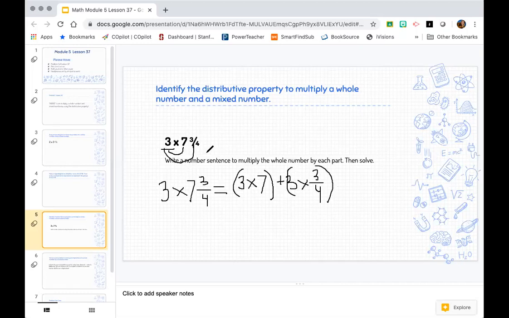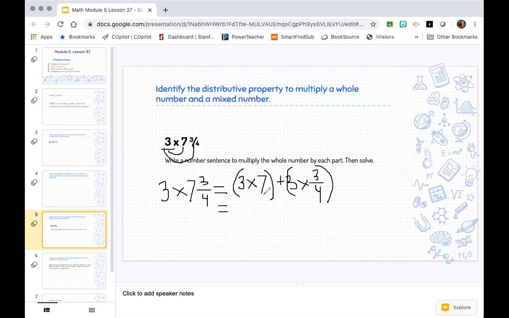So we just now wrote the number sentence to multiply the whole number by each part. We multiplied the 3 by the 7, and we are multiplying the 3 by the 3/4. Now we need to actually solve. So below, I always line up my equal signs right here. So we know 3 times 7, right?